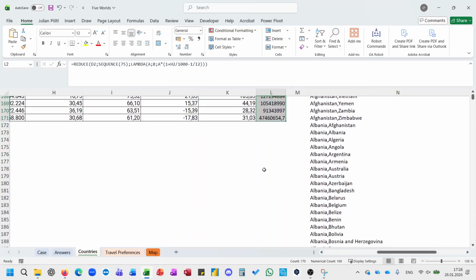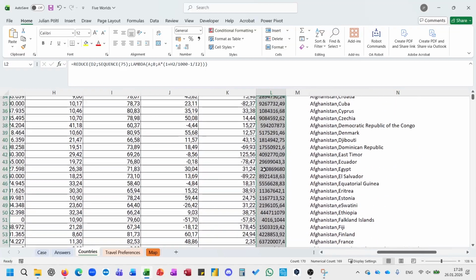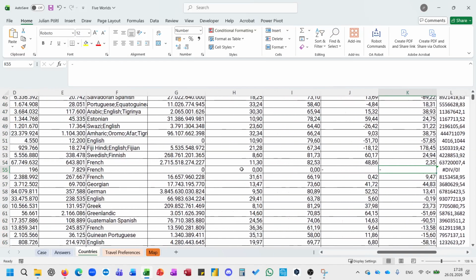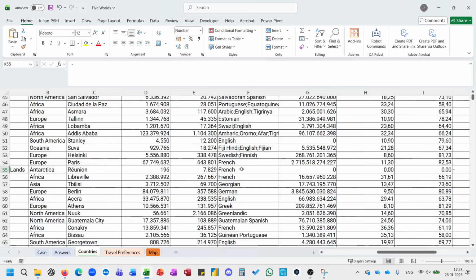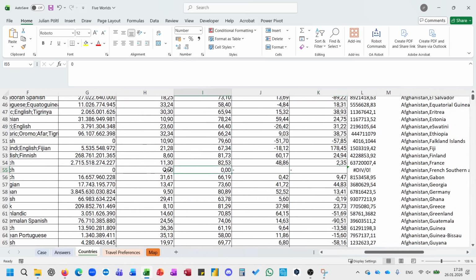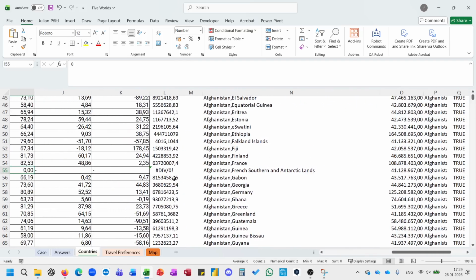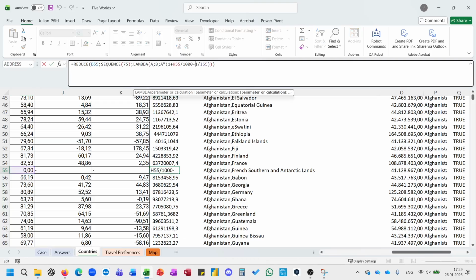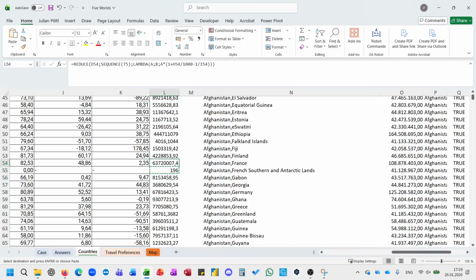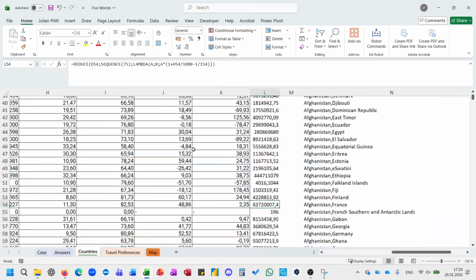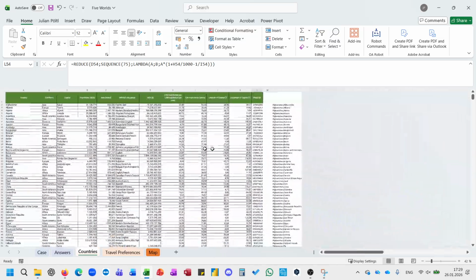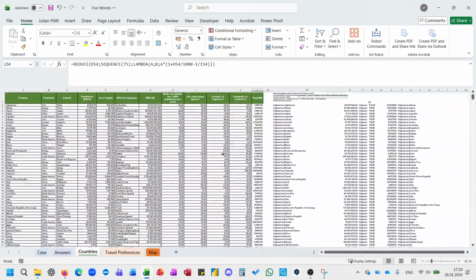And we see that there is an error here, because for the French and Southern Ireland, there's no value given here. So we divide by 0. And so we make here IFERROR, then 0. It is not changing that much, only for this country, because it's only with no values there.